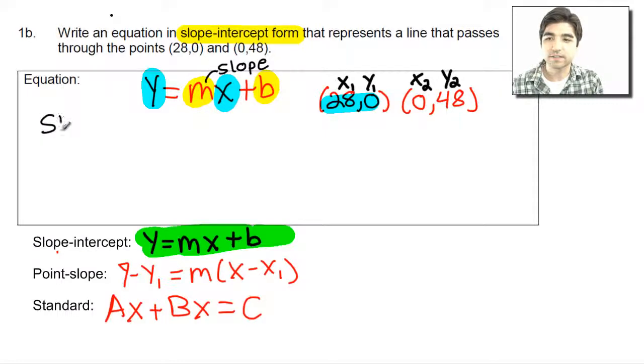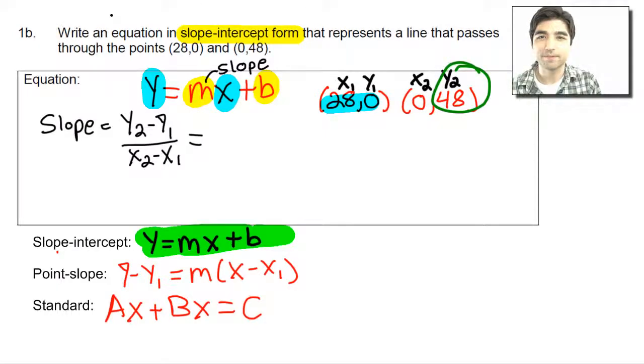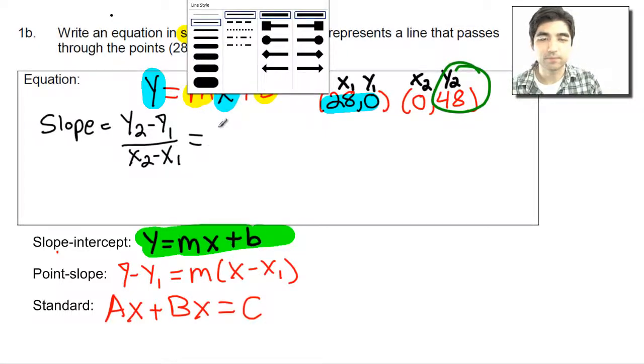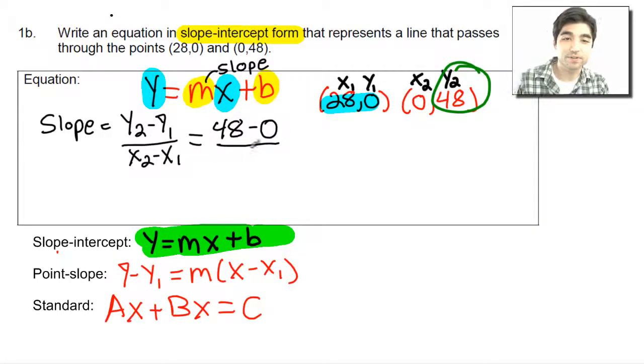So you're going to write the equation for slope. Slope equals y2 minus y1 over x2 minus x1. You probably remember this. So we go over to our y2 right here. Our y2 is 48 minus our y1, which is 0, and that's all over our x2, which is 0, minus 28.